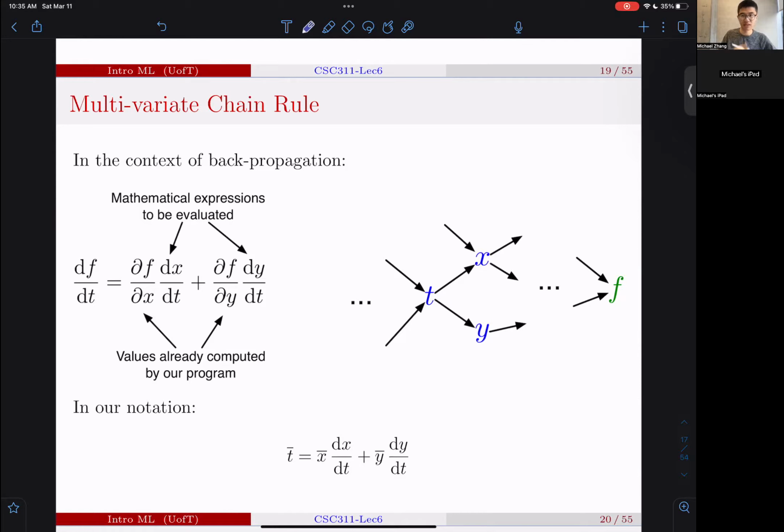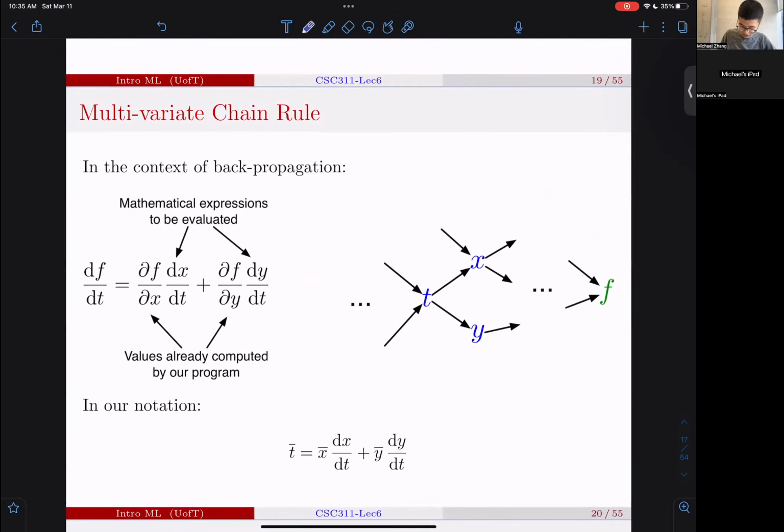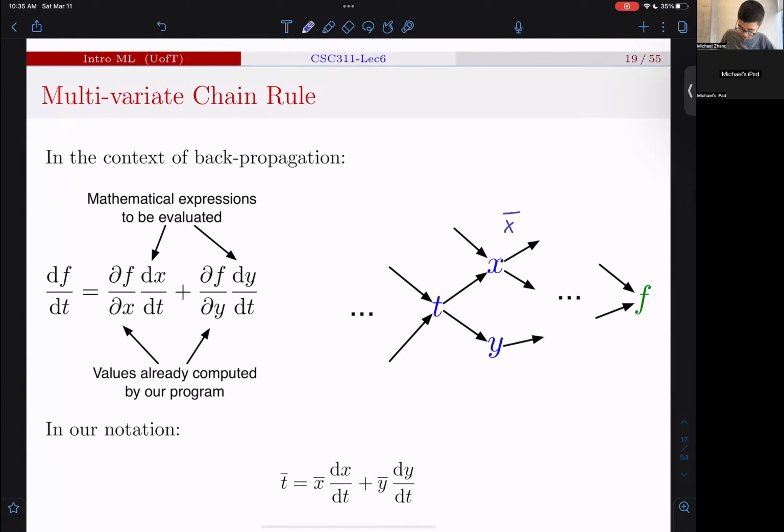So in particular, if x and y are the children nodes of t in this graph, we want to make sure we compute x and y first, like the derivatives of f with respect to x and y. In this case, we want to compute x bar and y bar. And then we also know how the function t affects x and affects y, because that's how we define our computational graph.